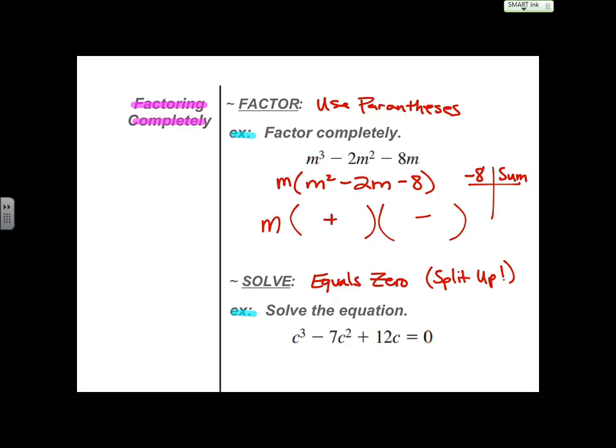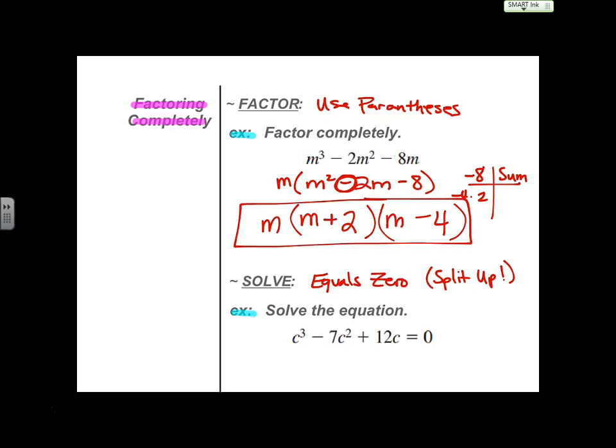Some of you have already figured out, look at 4 and 2 specifically. What sign does the bigger one need to have? Negative. So I'm going to put a negative 4, a positive 2, and what variables go in the front of those? What's missing in these blanks? M. Good, because of m squared, right? What happens if you multiply and distribute? What are you going to get?